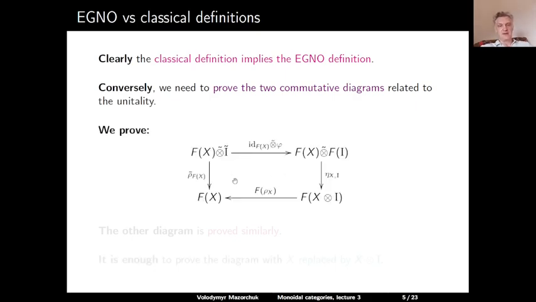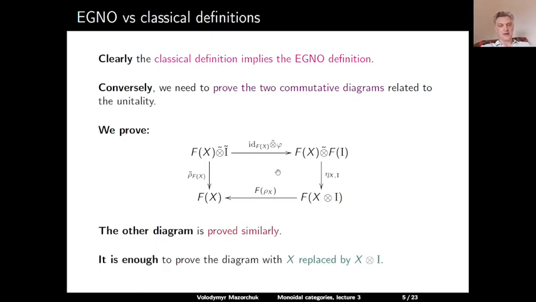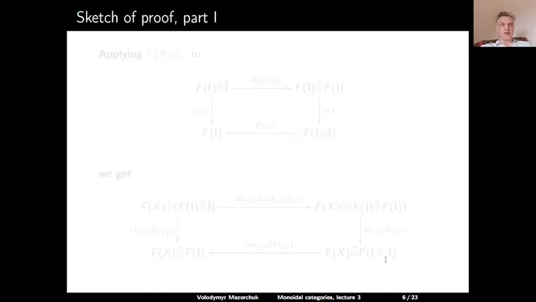So we prove the diagram for the right unitor, and for the left unitor the proof is similar. And of course, it is enough to prove the diagram for x replaced by x tensor the identity, because tensoring with the identity is a self-equivalence of our category C. Here is a sketch of that proof.